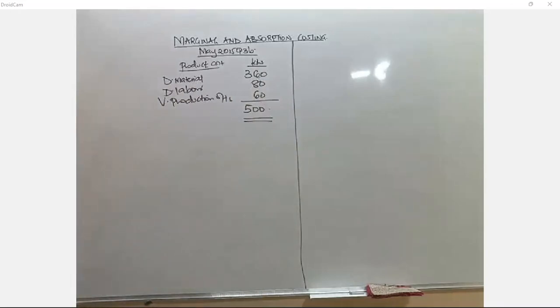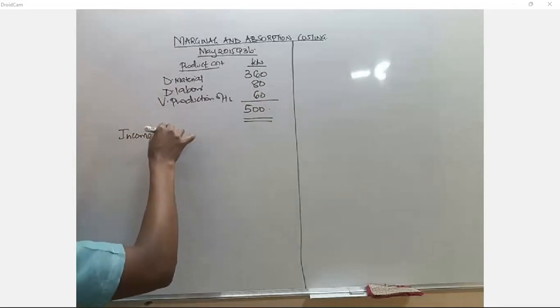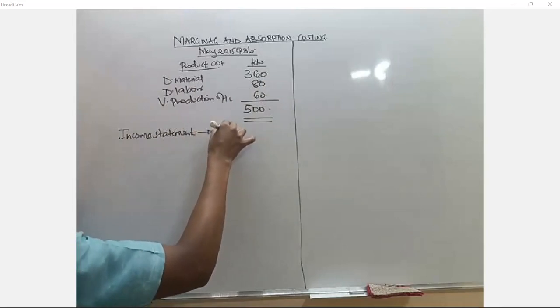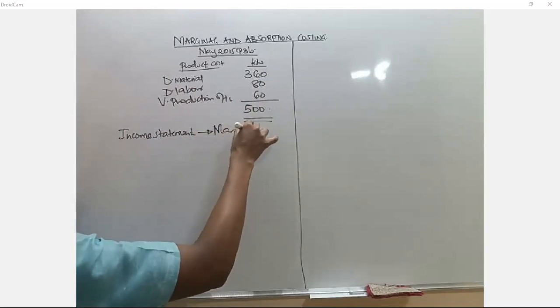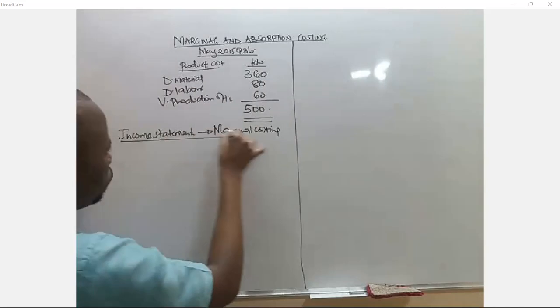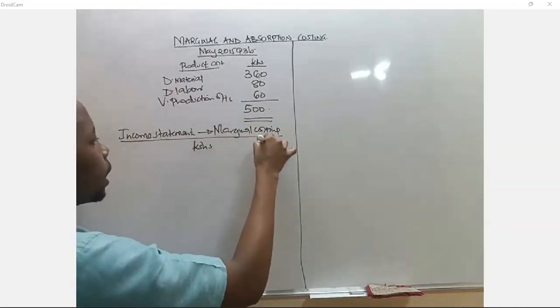Now, when I start doing the income statement using absorption costing and marginal costing, I just have 2 columns of Kenya shillings like this.